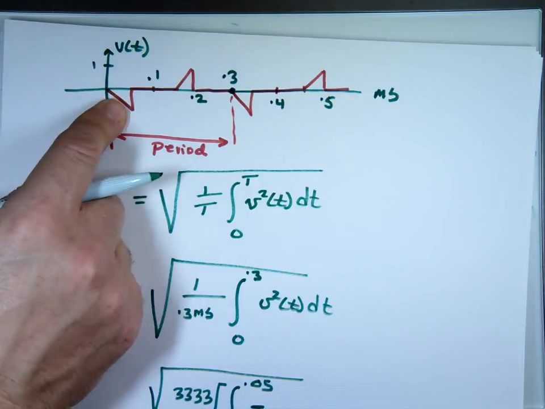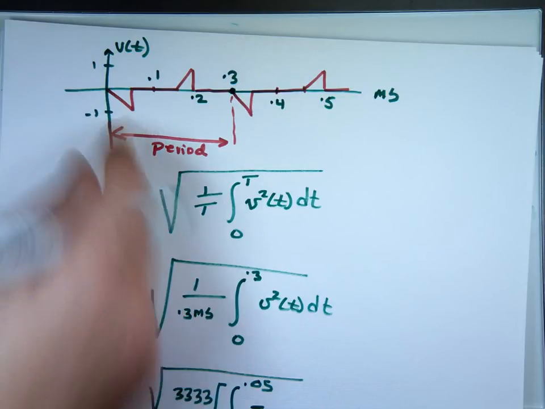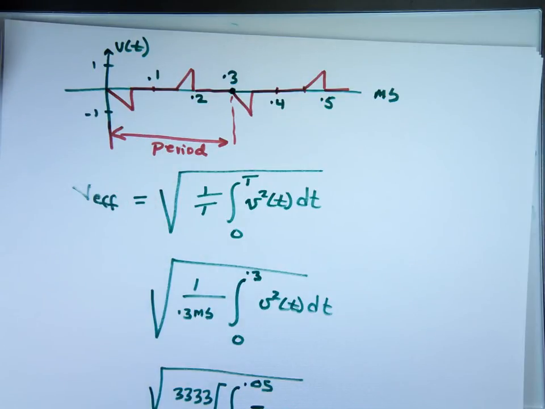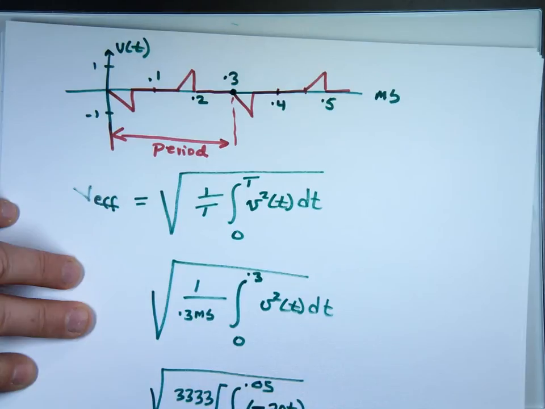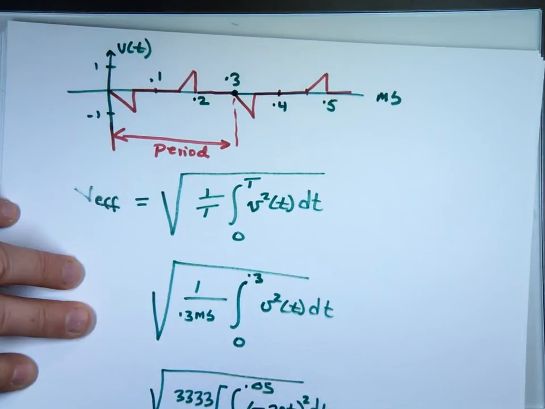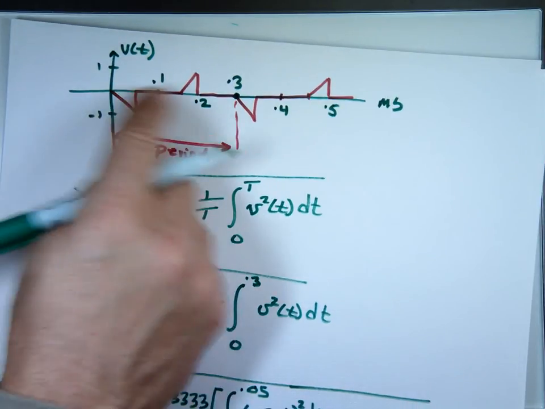And what's the run? 0.05. So 1 divided by 0.05 is negative 20t. The y-intercept is 0. From here to there is 0. I don't have to worry about it.